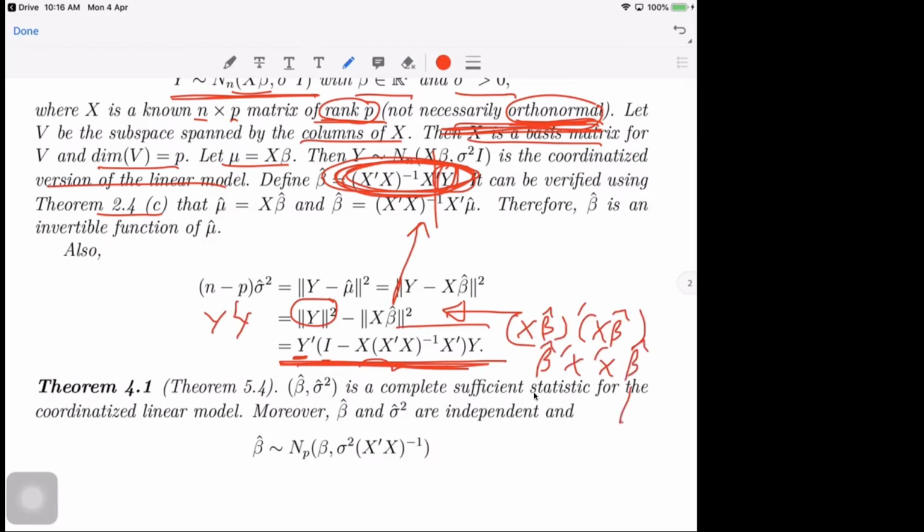And your beta hat is (X prime X) inverse X prime Y. You substitute this, and Y prime comes out, so you factor out Y outside. Are you following? Yes, ma'am. Then this Y prime Y gives the identity I. Okay? So I think you can follow through that.